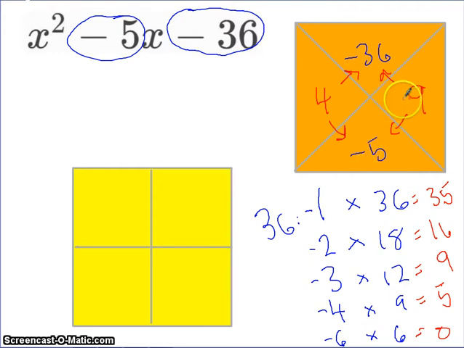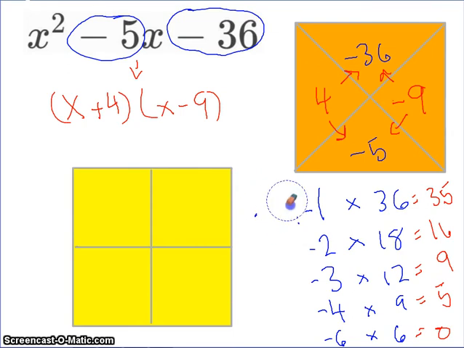Because this is negative, the bigger of the two needs to be negative. All right, so the solution to this tic-tac is 4 times negative 9 is negative 36, and 4 plus negative 9 is negative 5. So let's write that as our factored expression, x plus 4, x minus 9. And let me erase my factors here so that I can test that out.